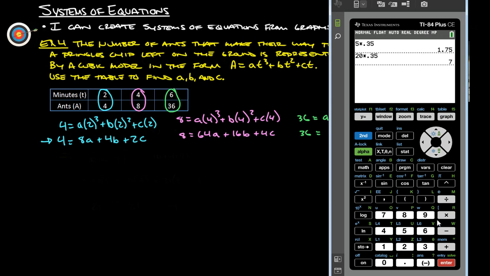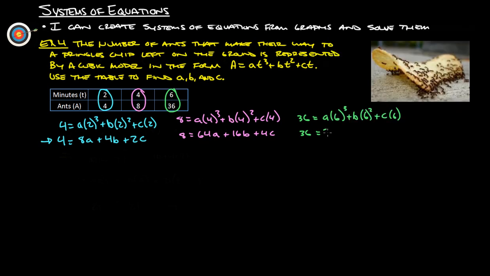I don't remember that off the top of my head. 6 to the third, 216. All right, so that is 216a plus 6 squared is 36b plus 6c. Okay, so now we have these 3 lovely big equations.